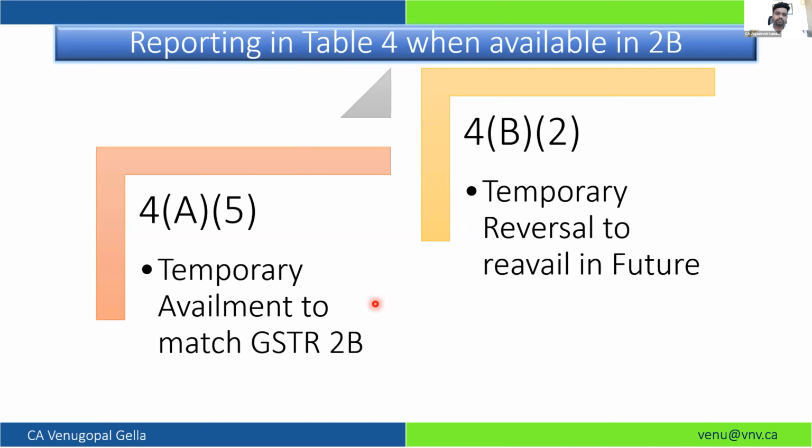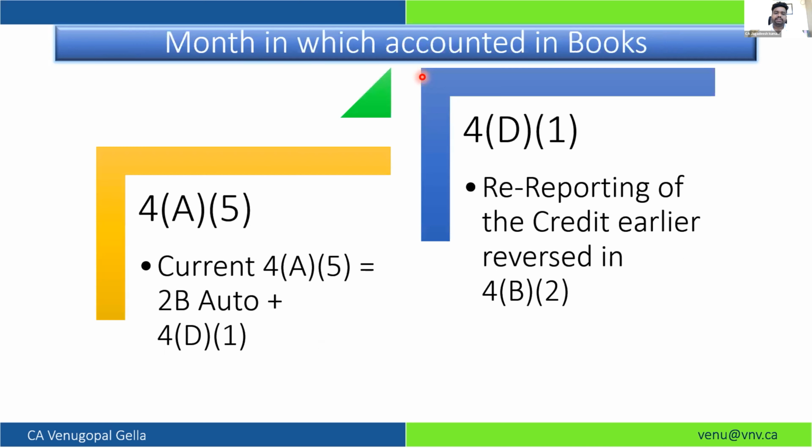So, reporting in table 4, which is available in 2B. 2B is reflecting it, but in my books it is not reflecting. In that case, I will not disturb the auto-populated figure in 4A5 and will reverse it in the temporary reversal 4B2. In the next month, I will receive the goods, and I am eligible to take the credit.